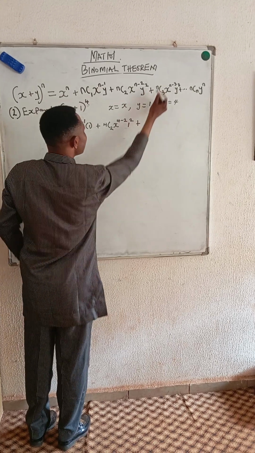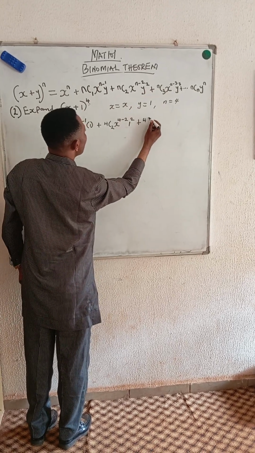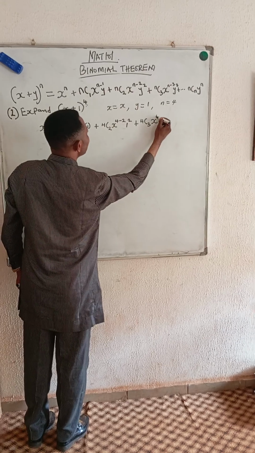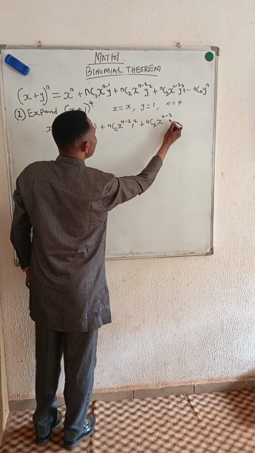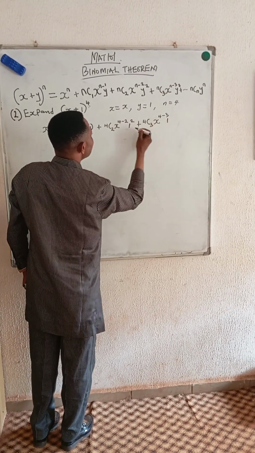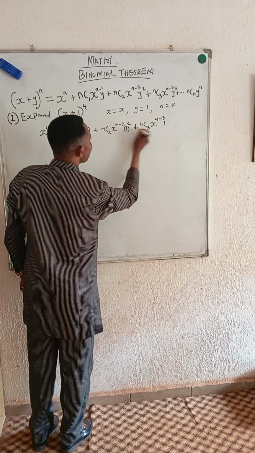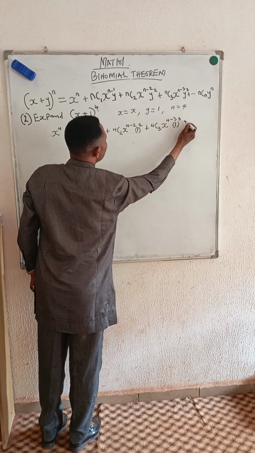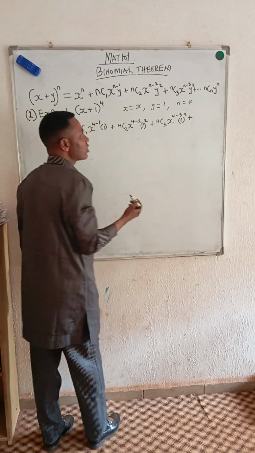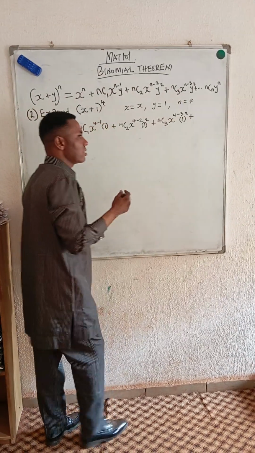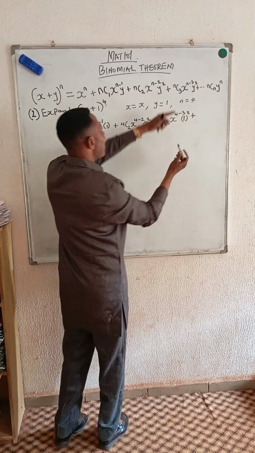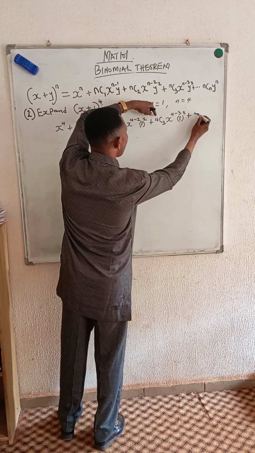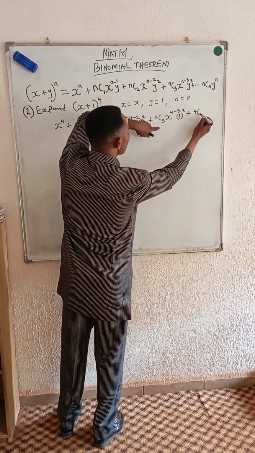Plus 4 combination 3, then x, 4 minus 3, and then y is 1. If you like, enclose it in brackets so that you will not be confused. The dotted line means continuation. Plus, the next one will be 4 combination what?